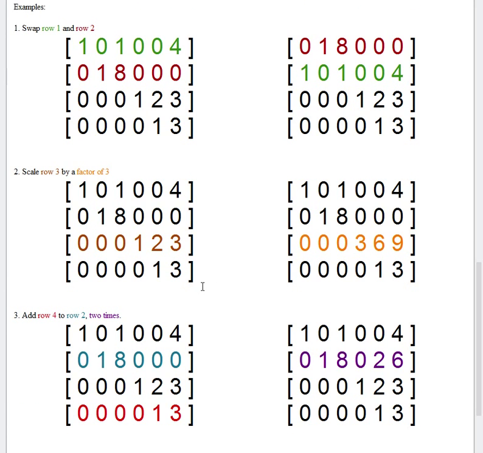And the third thing that we can do is take a row here in red. We're going to scale it by a factor. Here I've chosen to double it. And then we're going to take that amount and then add it to another row that we have in our matrix. So taking 2 times this red row and adding it to this blue row and replacing the blue row with that sum gives us this purple row here.